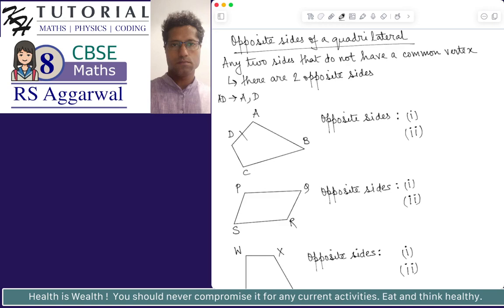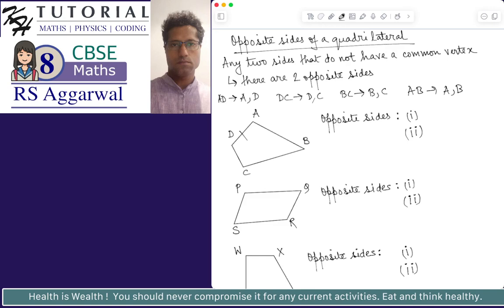Now the side DC cannot be an opposite side to AD because DC also contains D. Let's quickly write down what are the endpoints of the sides. So DC endpoints is obviously D and C, and for the side BC the endpoints are B and C, and the side AB the endpoints are A and B. Now if you consider one side AD, what will be the opposite side of the side AD?